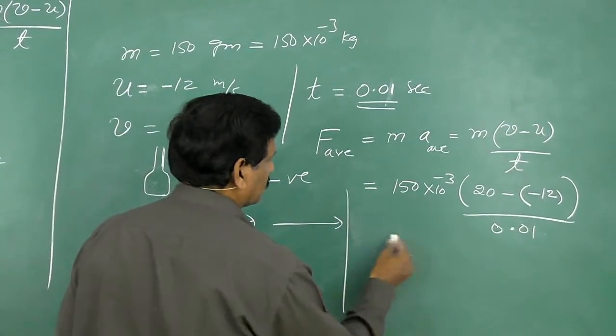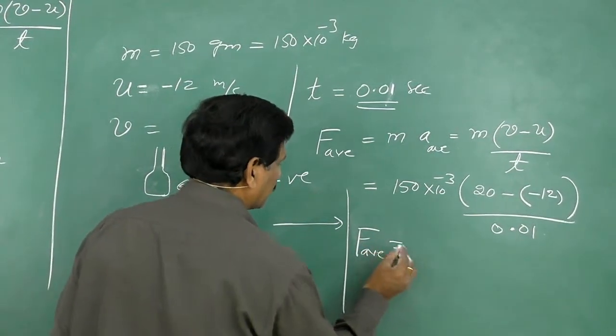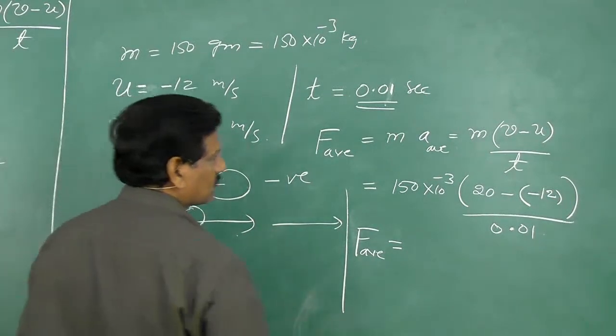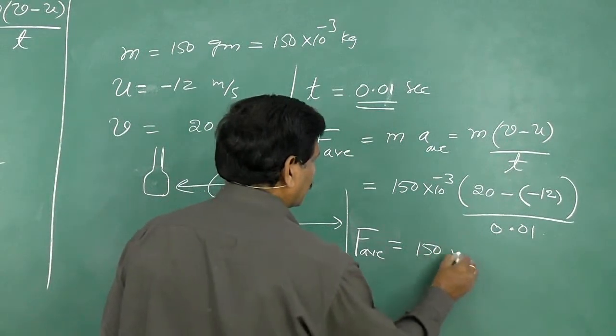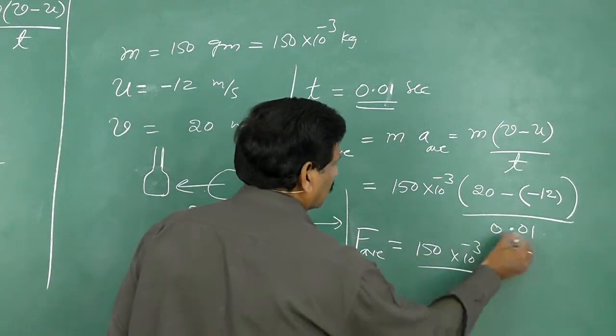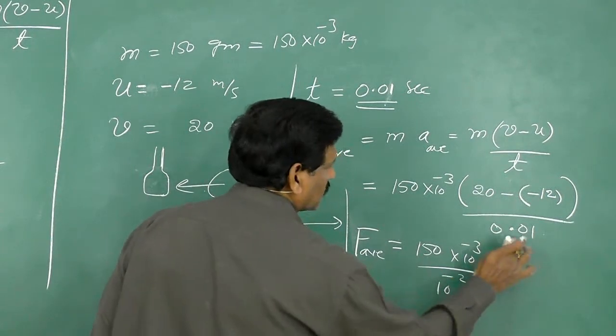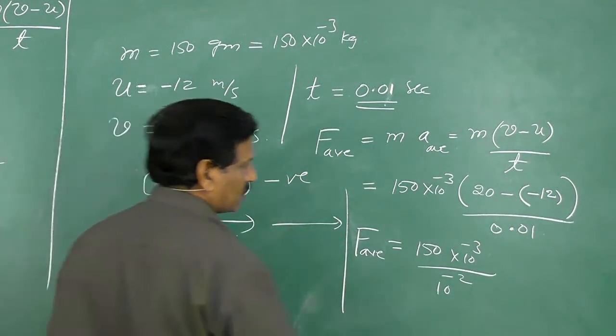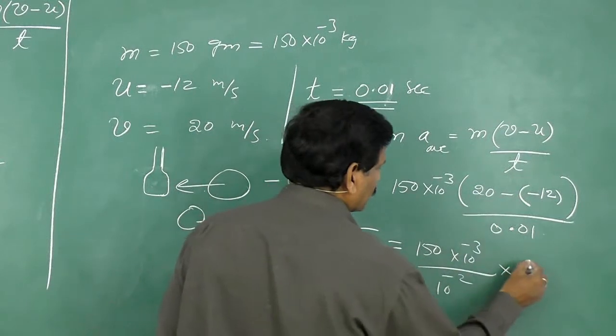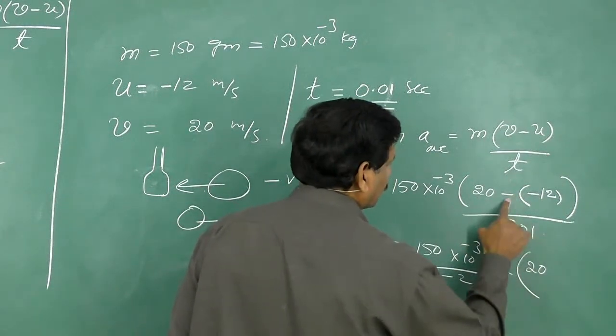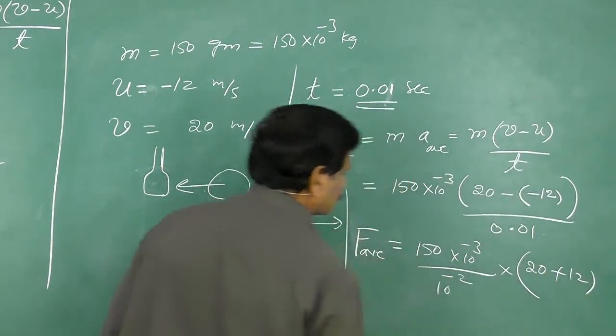So this is equal to F average force. F average is equal to 150 into 10 power minus 3 by 10 power minus 2, since 0.01 means 10 power minus 2, into 20 minus of minus 12, that is 20 plus 12.